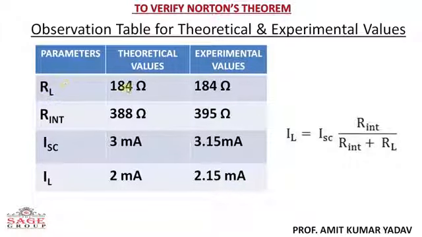Load resistance is the same for both cases, but the theoretical internal resistance is 388 while the experimental value is 395, which is slightly different. Theoretical ISC is 3 milliampere, experimental is 3.15. Theoretical IL is approx 2 milliampere but experimental IL is approx 2.15 milliampere, and I have calculated these load currents by using the Norton standard formula.